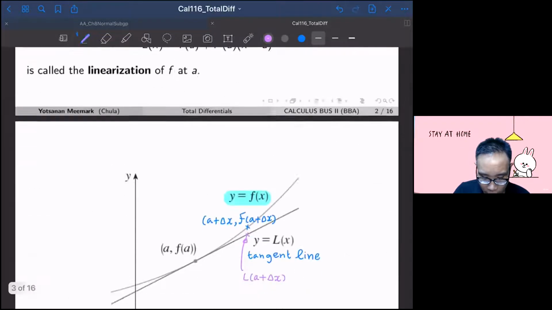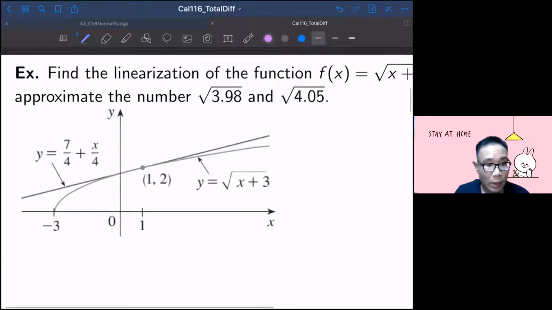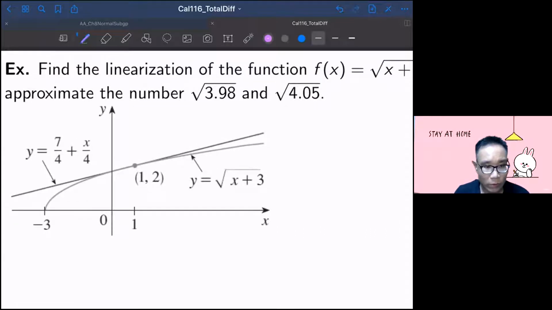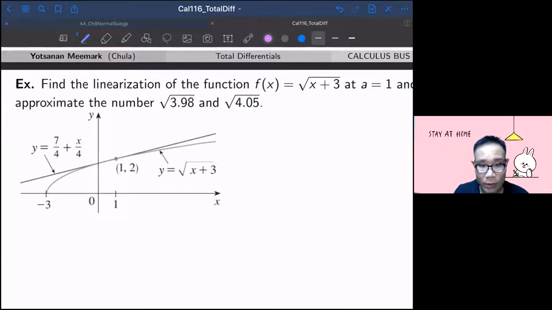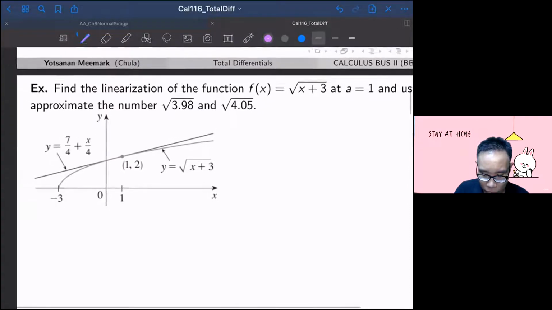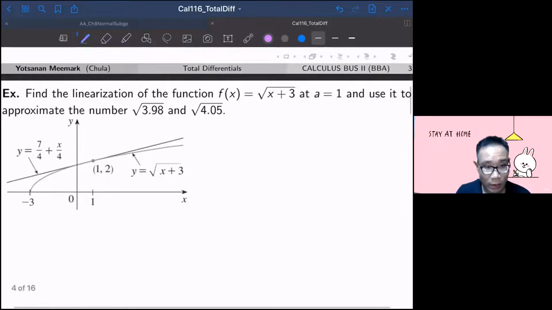Now let's go to this example first. You have y = square root of x + 3, and you have a = 1.